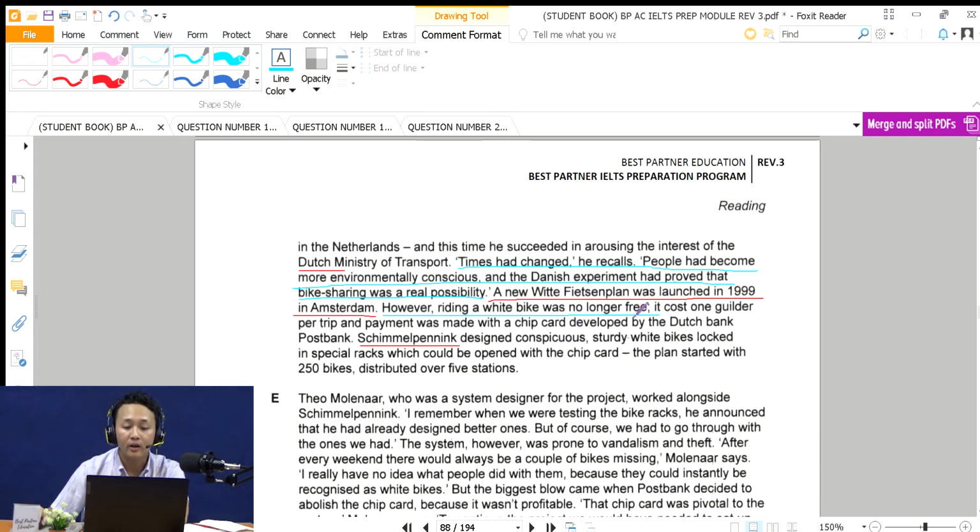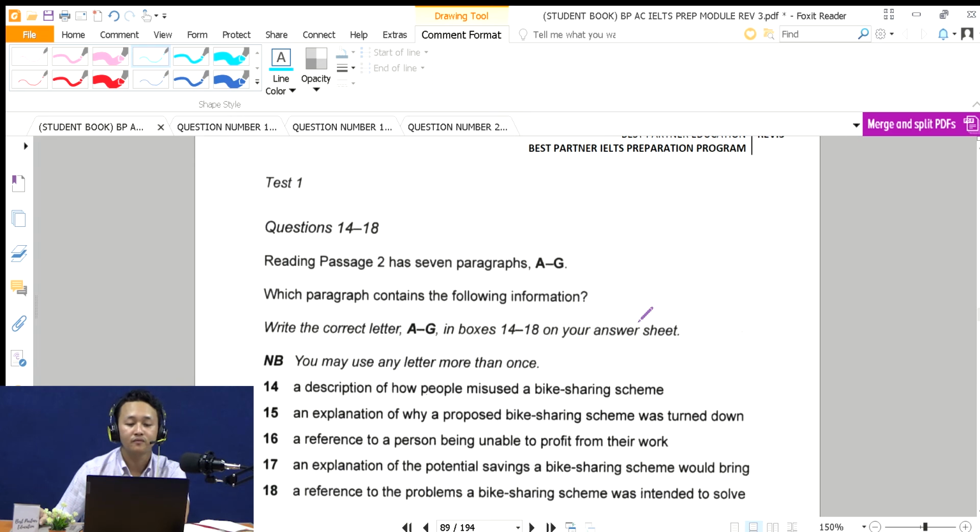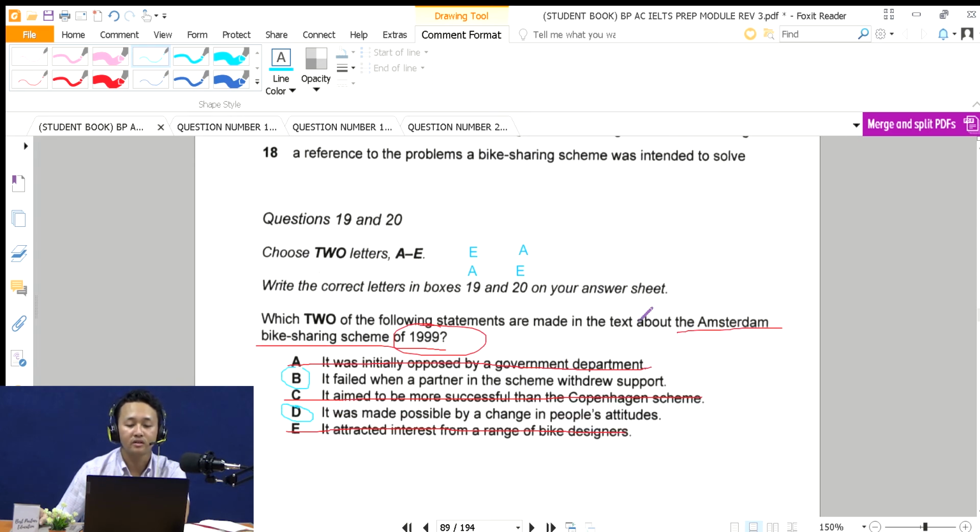That's why before that it was free, but now it was charged, right? So after it was launched in 1999 in Amsterdam, riding a white bike was no longer free. So it means that one of the supporters, one of the partners, withdrew the support.